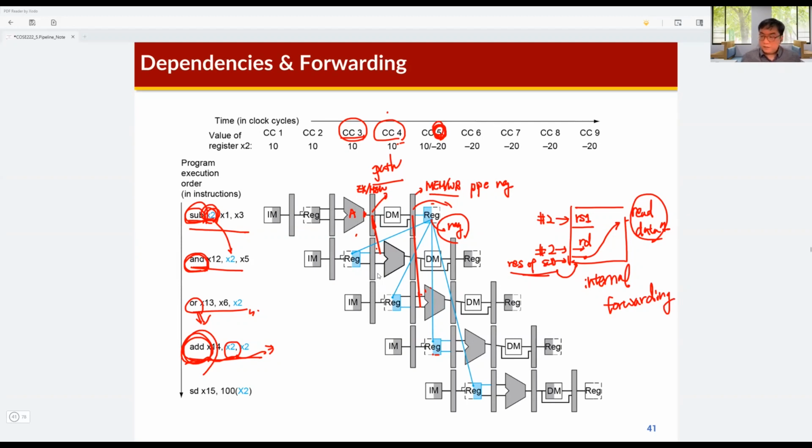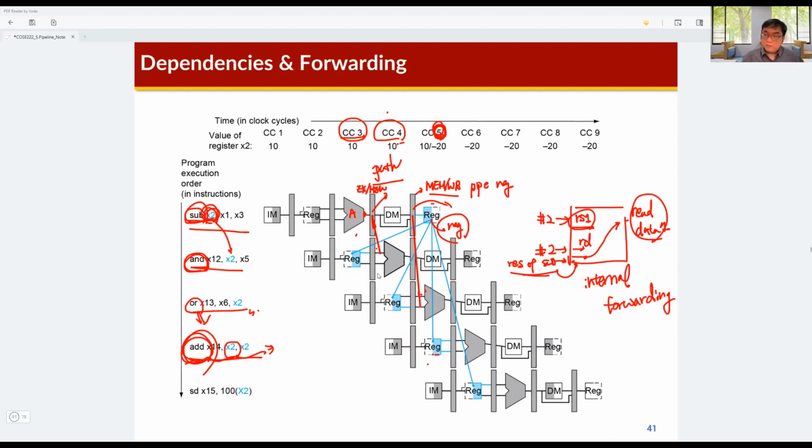Internal forwarding means that when certain data is being written back, and this data is required by a source register of the register file, then the data which is written back is forwarded to the output port of the register file. This is the internal forwarding. In this course, we assume that the register file supports internal forwarding.